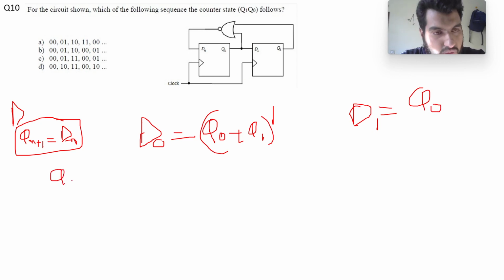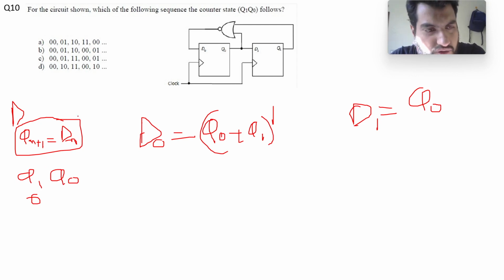So if Q1 and Q0 were 0 0, because all of the 4 options start from 0 0, we will also assume that our initial states are 0 0. Then my D0, that is 0 NOR 0, will be 1. So that means my Q0 will be 1 in the next state, and D1 is equal to Q0.